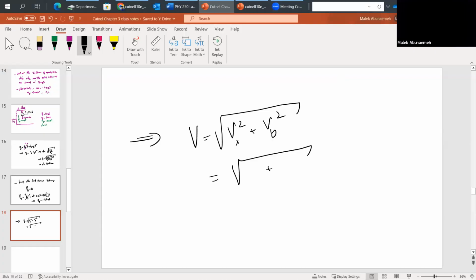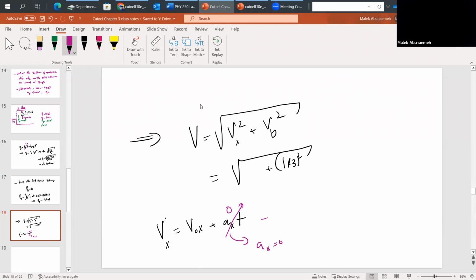So our v of y is 143, so this will be 143 squared. V of x, we can calculate v of x final as v initial of x plus a in the x times t. Again, because we are going down, that means our a of x is going to equal 0, which means that our final velocity in the x direction is going to equal our initial velocity in the x direction, which from the equation is 115 meters per second. So this is going to be 115 squared.